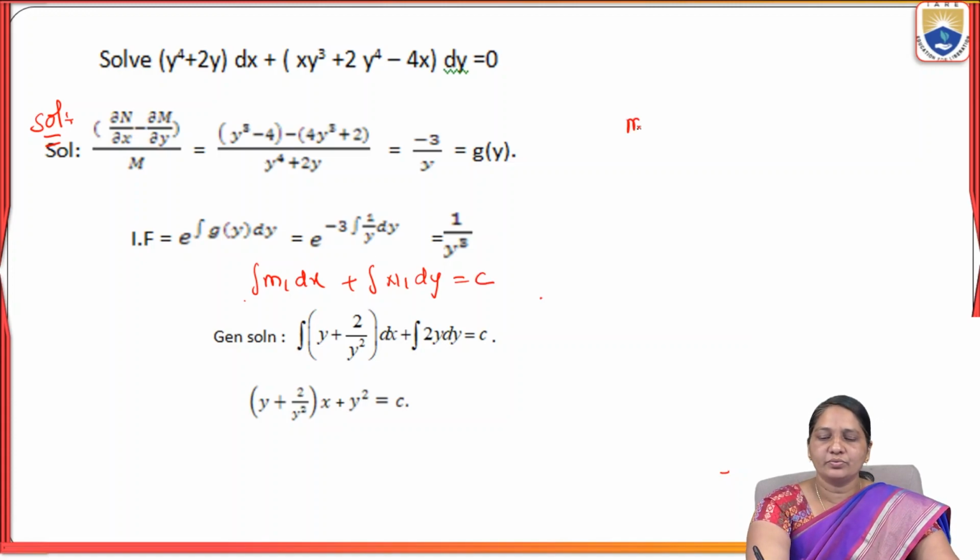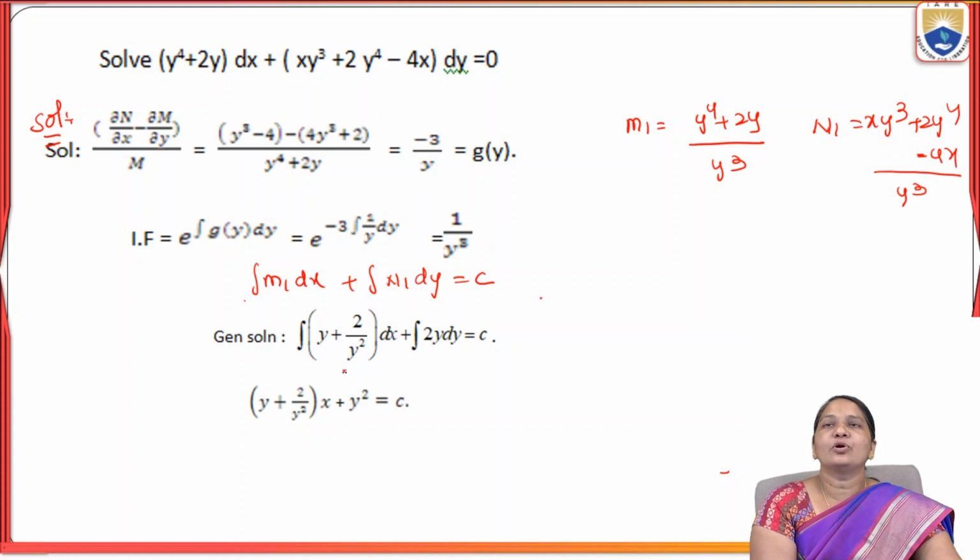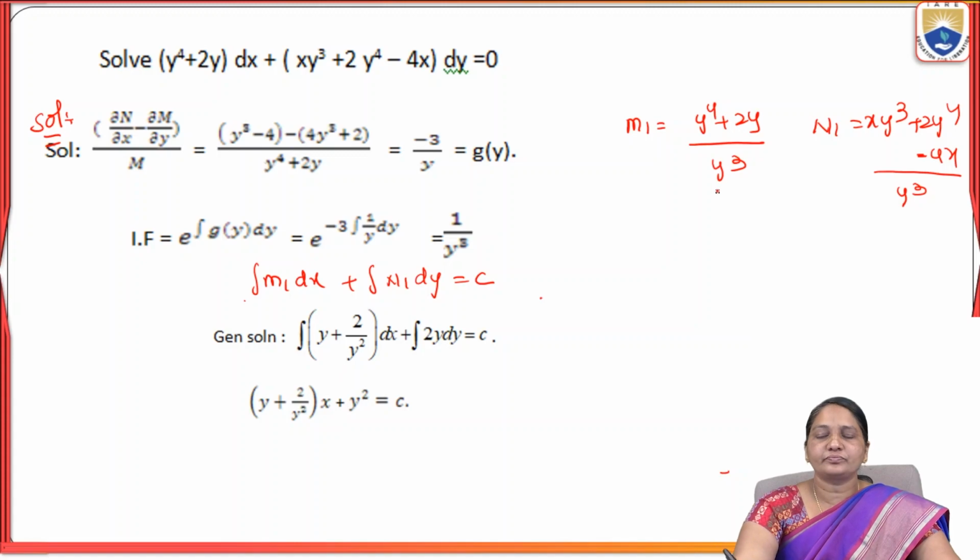What is the M1 value? M1 is (y⁴ + 2y)/y³. And what is the N1 value? N1 is (xy³ + 2y⁴ − 4x)/y³. Now when you are integrating M1, we take y as a constant, and when you are integrating N1 with respect to y, we take only the y terms.